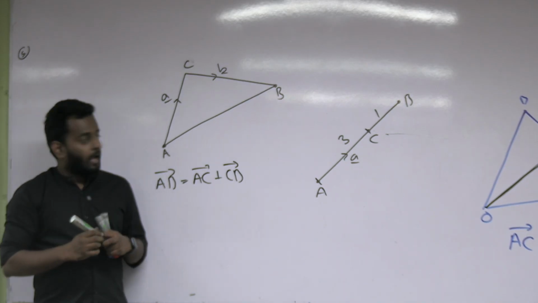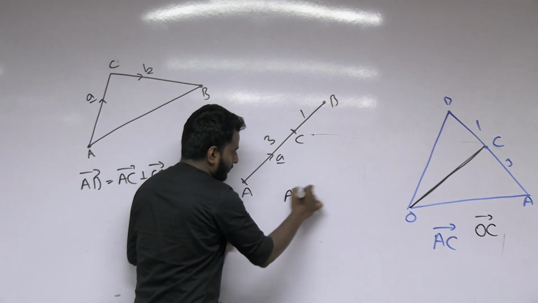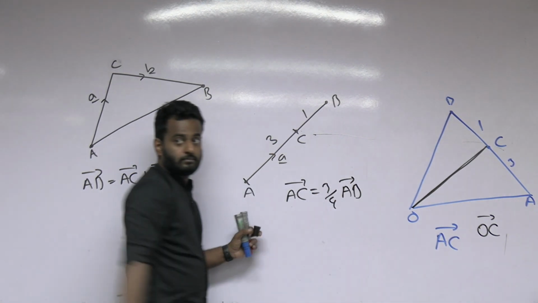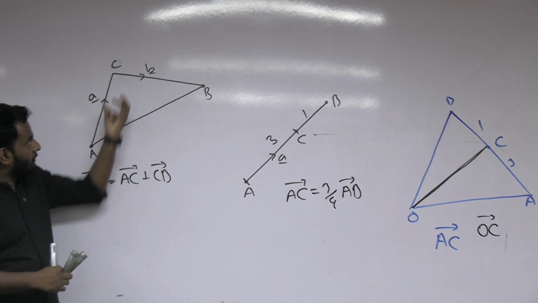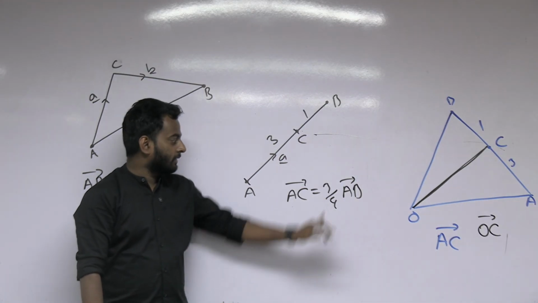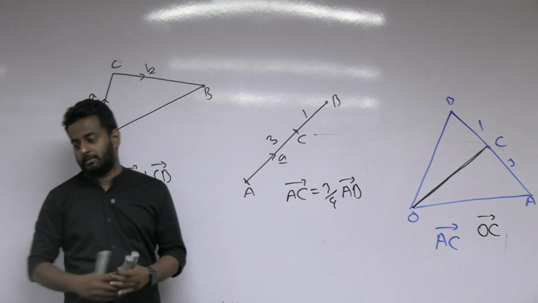Do you get that? And if you are supposed to find a portion of a complete vector, then we use the method of the ratio theorem. Are you okay with that? If you are finding a complete vector, use the theory of vector addition. If you are finding a portion of a vector, then you should use the ratio method. Are we good with that? Okay, just write below that.